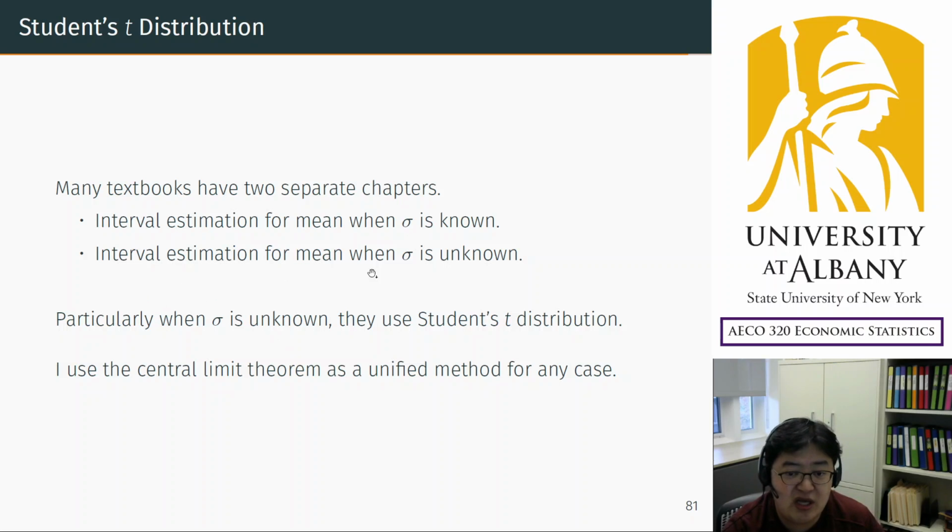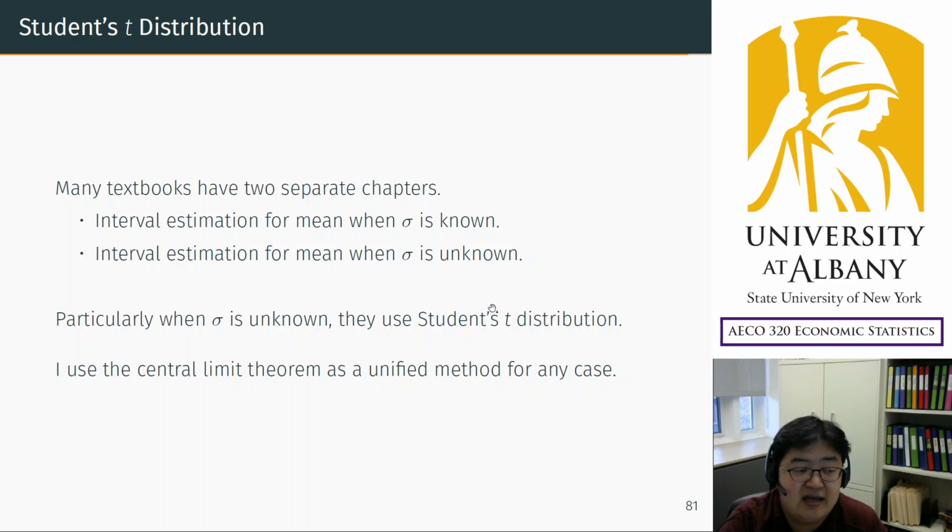Especially we needed to assume this because many textbooks are based on Student's t-distribution theory, which was an old-school, outdated theory, I would say. It is not based on the central limit theorem. It is a totally different theory.